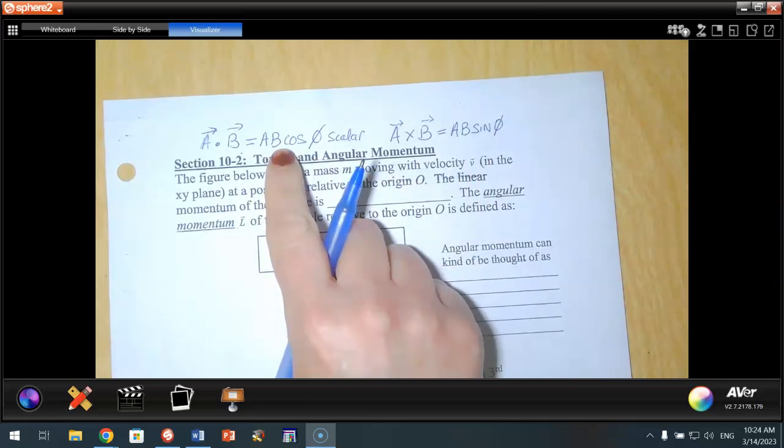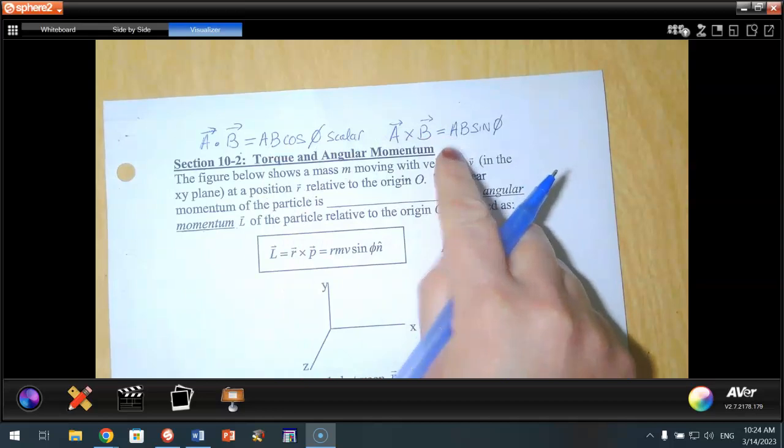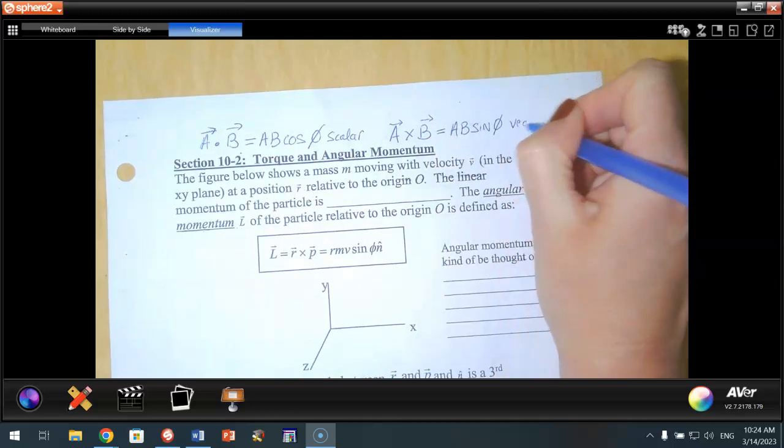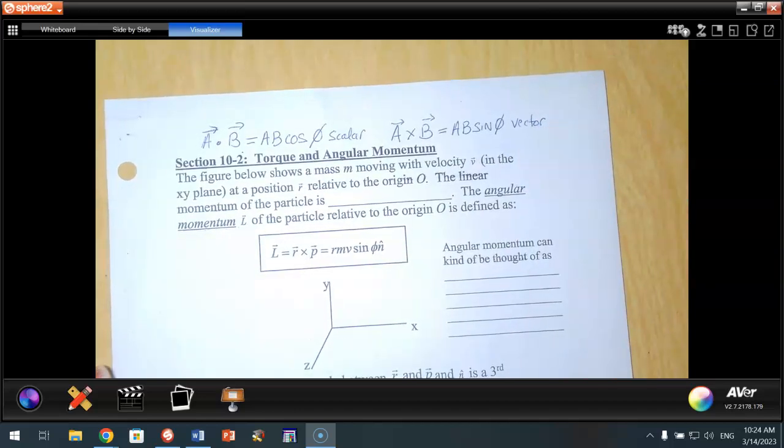So where dot is a cosine, cross products are a sine, and what this does is it gives you a vector. The direction of the vector you can find using a technique called the right-hand rule, which is described on pages 1 and 2, which I will teach you when I come back. We're going to use the word right-hand rule in these notes, but we're not going to worry about the directional aspect today. We'll add that to the notes later.